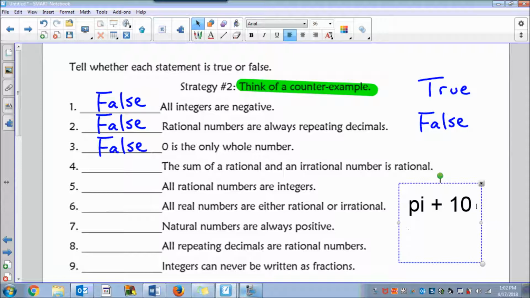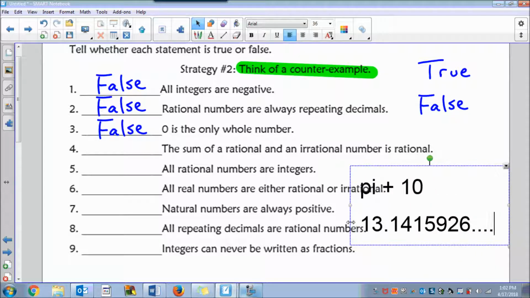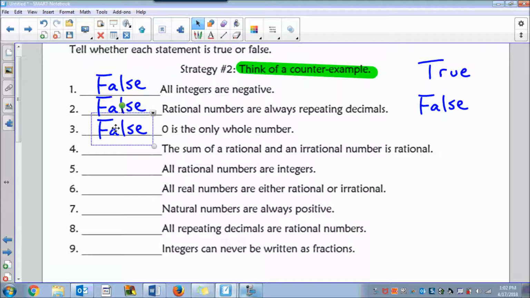Well, this would give us something like 13.1415926, going on forever with the same digits as pi. It's a decimal that's going to go on forever, and it does not repeat itself. Just because we added 10 to it doesn't mean it's going to all of a sudden repeat itself or stop. It's still going to be an irrational number. Actually, this one's also false.